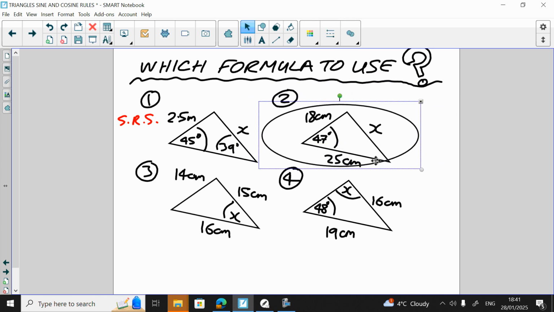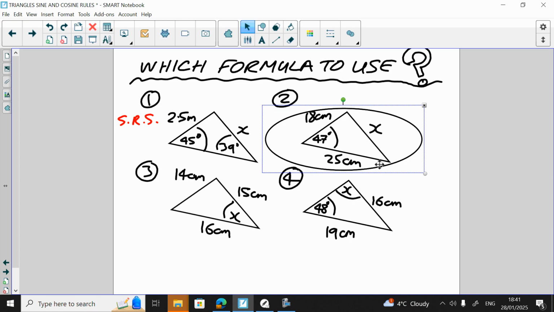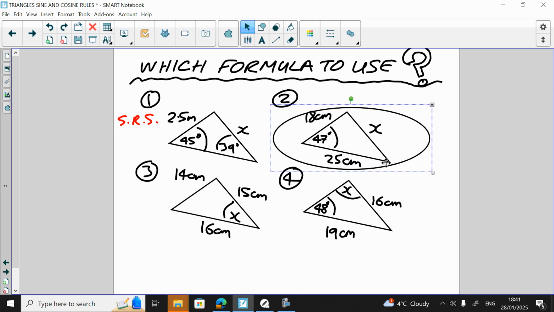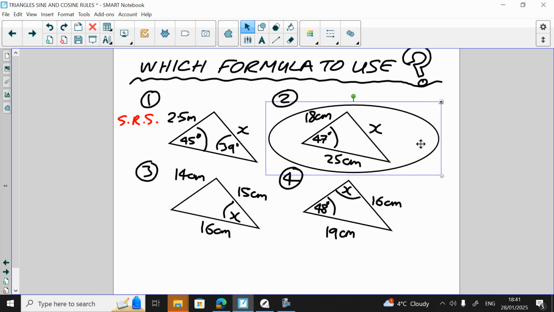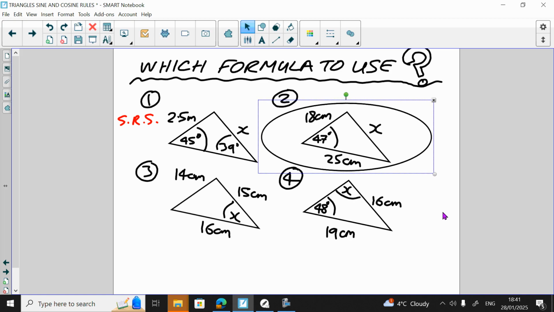Next one, what have we got? Right, okay. One angle. We've got 1, 2, 3.